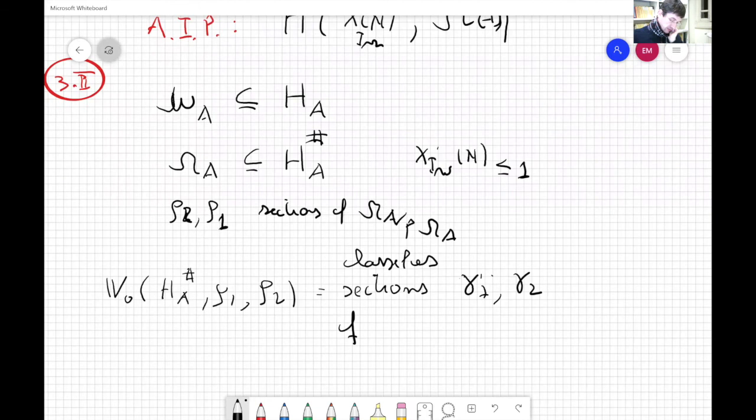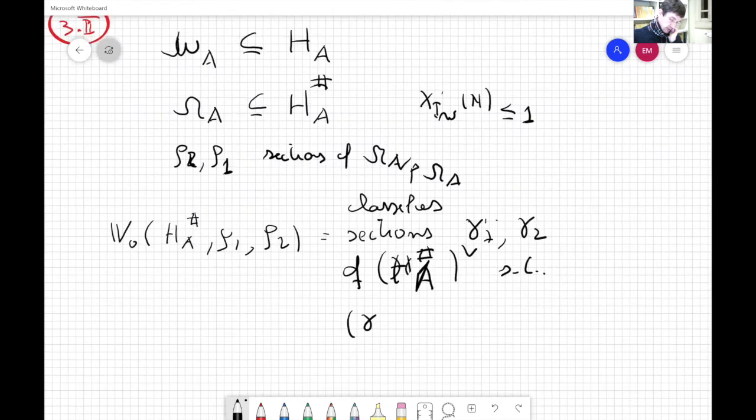Of this H sharp dual. Sorry about this. Such that, again, the pairing with the rho i's is in F star 0 star F star.